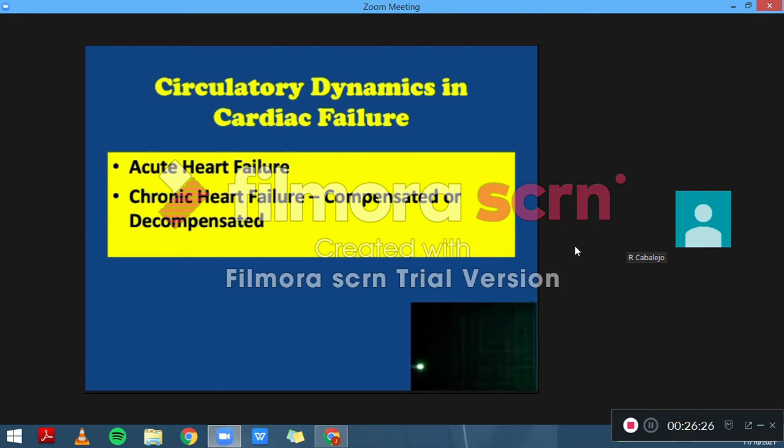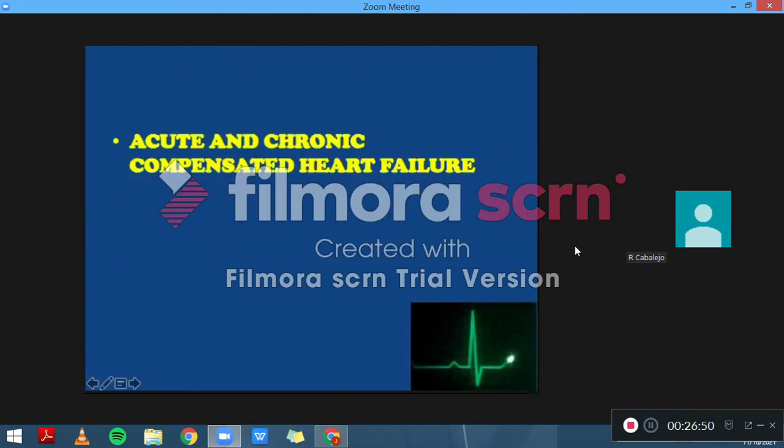However, in the long term, especially if they develop another MI again, they usually go into a decompensated state, which is sort of an irreversible stage with intractable symptoms, wherein the only primary treatment would be a heart transplant. Other than that, you can only do so much by giving supportive treatment. So let's start with acute and chronic compensated heart failure.